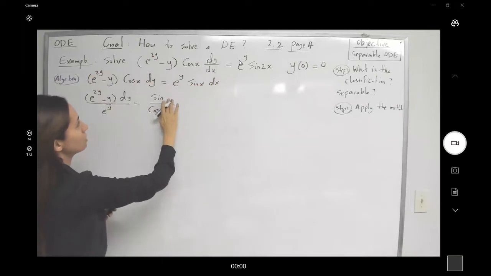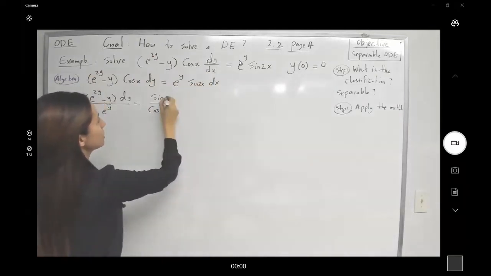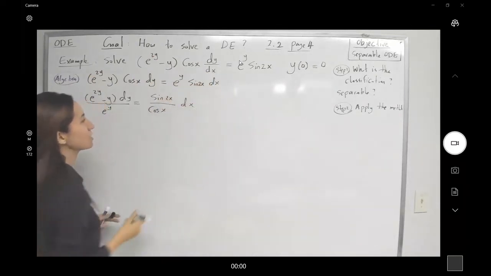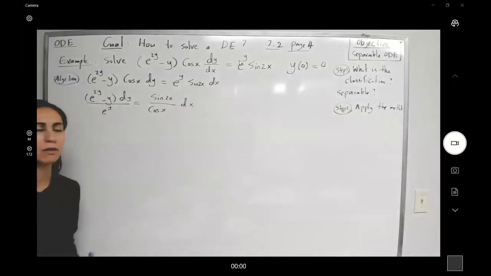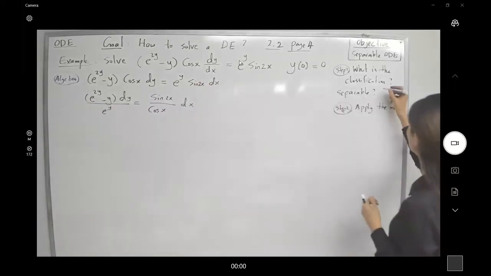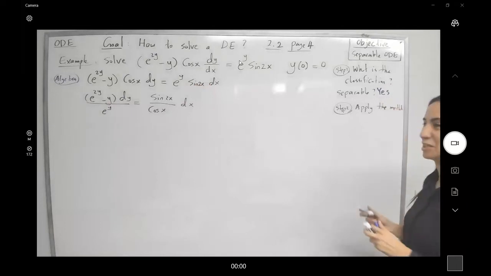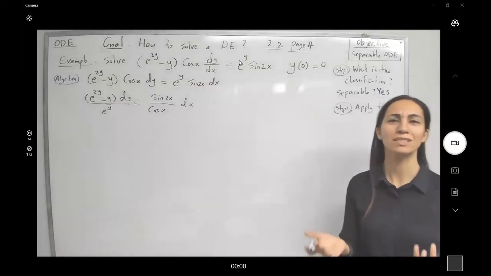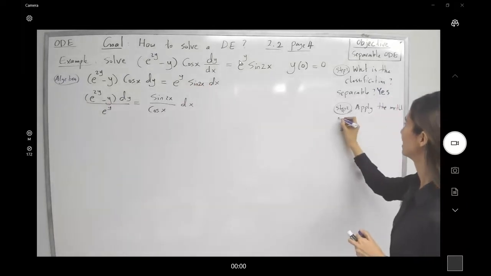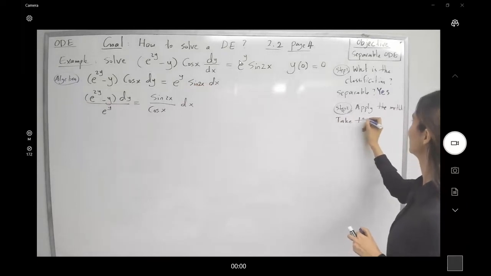So here you have sine of 2x, let me fix that, times dx. Is it separable? Of course it's separable. So what's the meaning of that? It means that we need to take the integral of both sides.